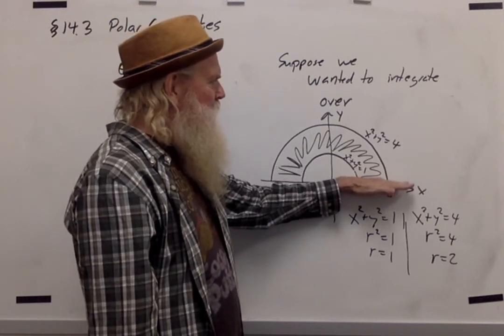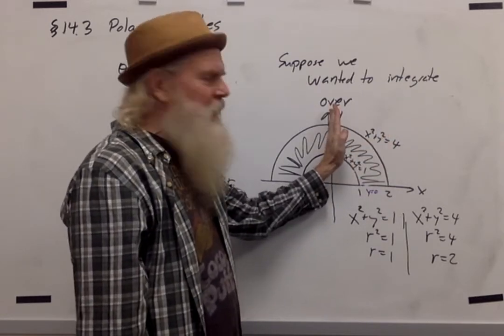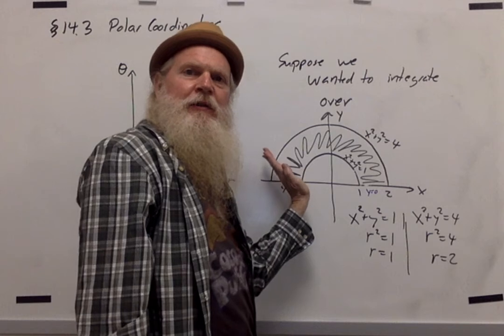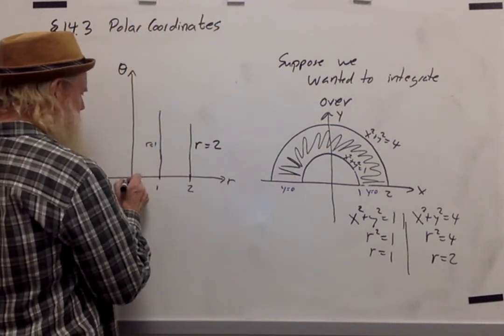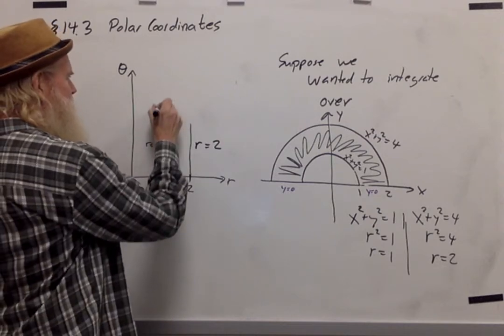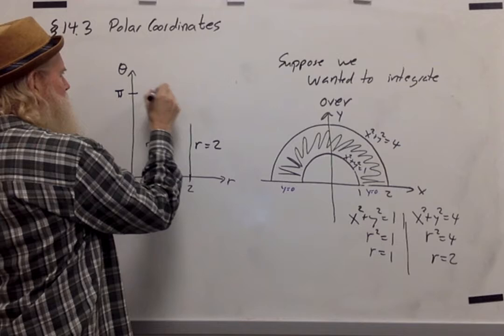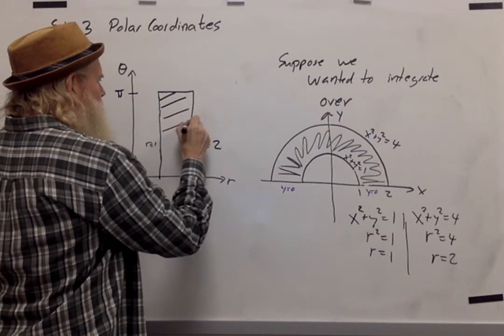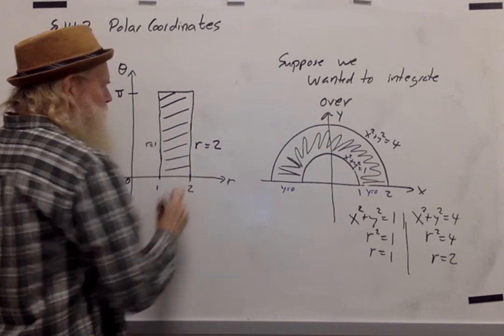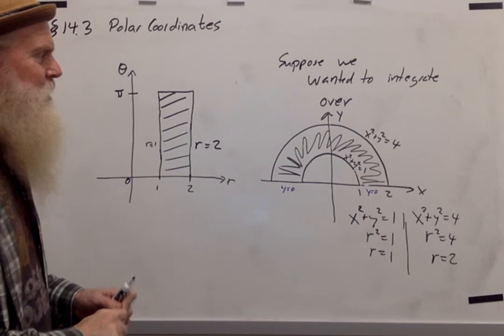Continuing counterclockwise, this is theta equals pi over 2. And then coming back over here, theta equals pi. So I'll be starting out at 0 on the theta axis and extending upward to pi. So this would be the corresponding region over in the r theta plane.